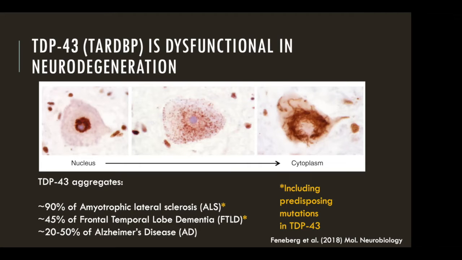But based on some of the data that we had acquired, we thought that some of these RNA binding proteins, which were dysregulated in neurodegenerative disease, might be dysregulated in the endothelial cells, which is now being recognized as a critical component of the early breakdown of the blood-brain barrier that in many cases precedes some of the later things that happen in neurodegenerative disease, like the accumulation of amyloid fibrils.